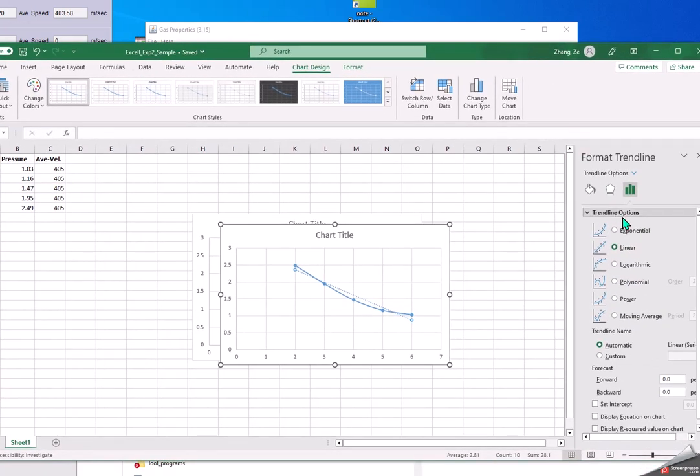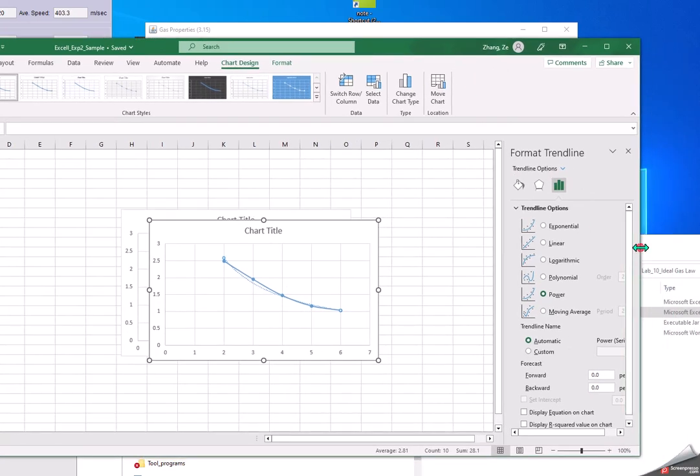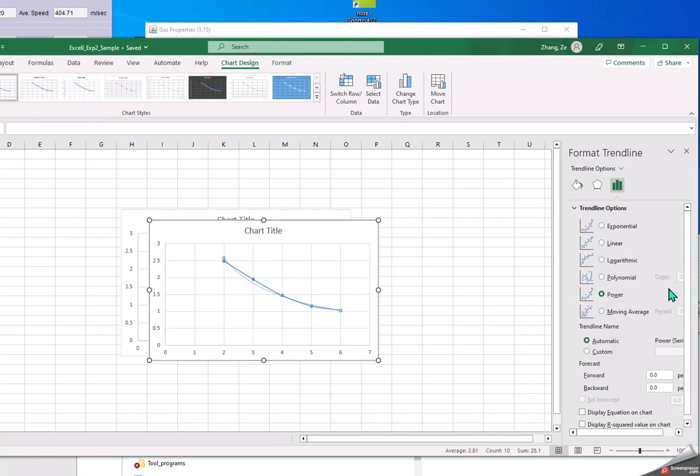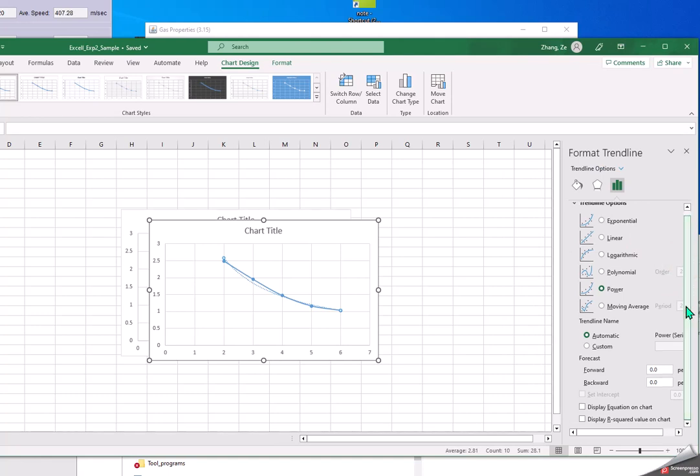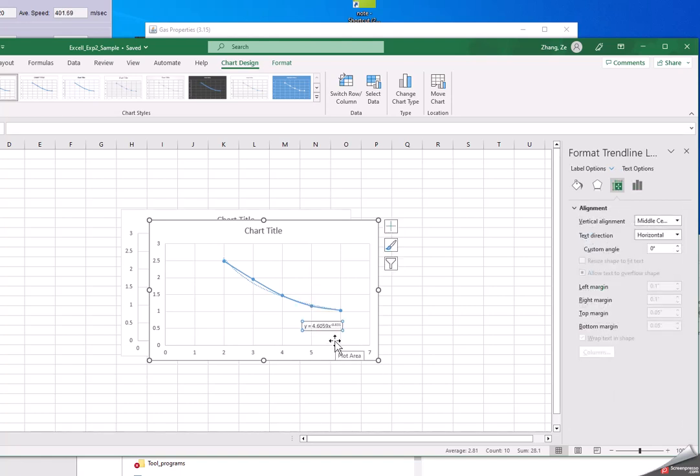In this case it's not linear, it's a power fit. I click power. In fact, it's a negative power, and I display the equation.